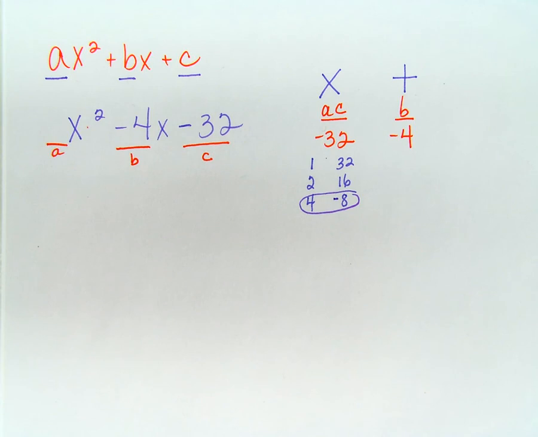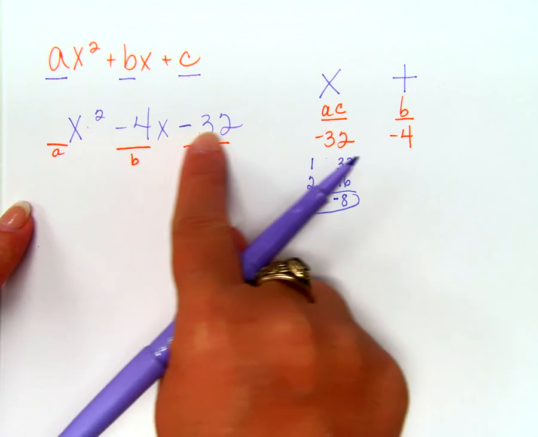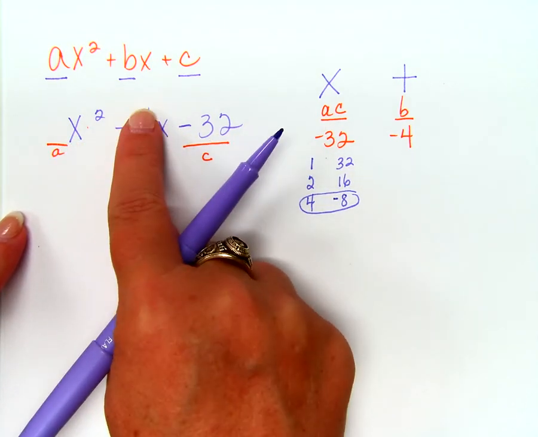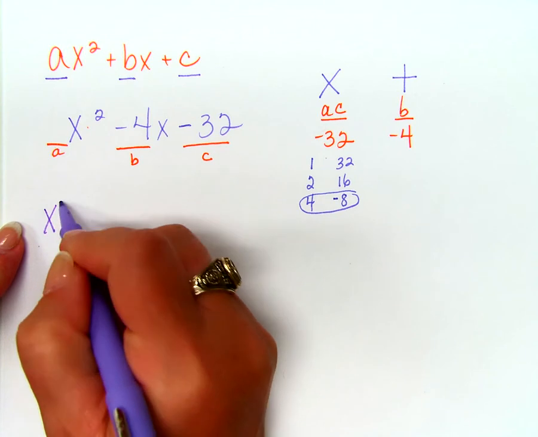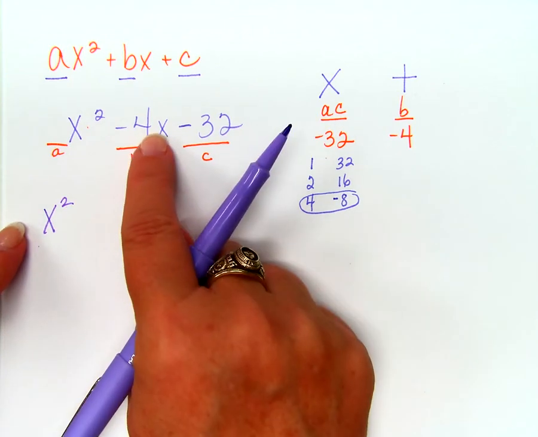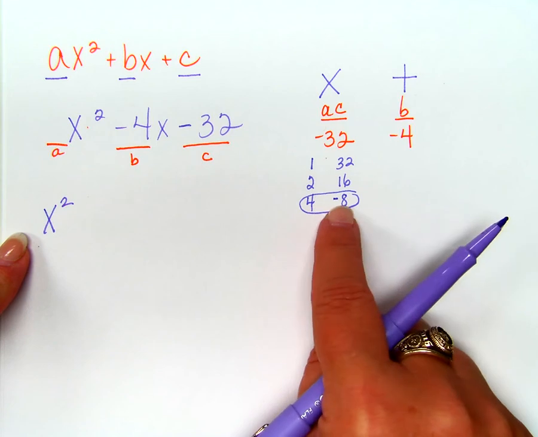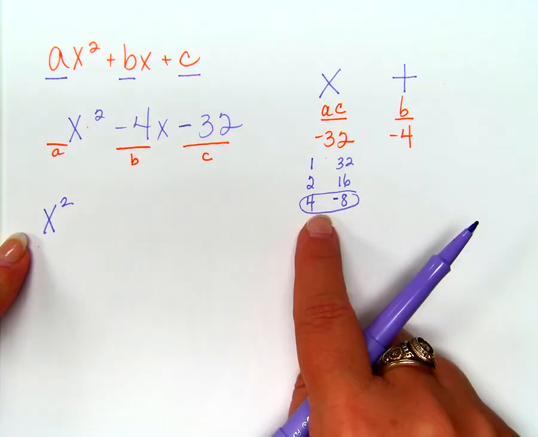Okay? So here's what I'm going to do. I'm going to rewrite my problem. I'm going to rewrite this problem right here, but when I get to the middle term, I'm going to do something different. Okay? So I've got the first term just fine. I'm not going to rewrite the middle term that's there. I'm going to rewrite the two terms that I used to split that middle term into.